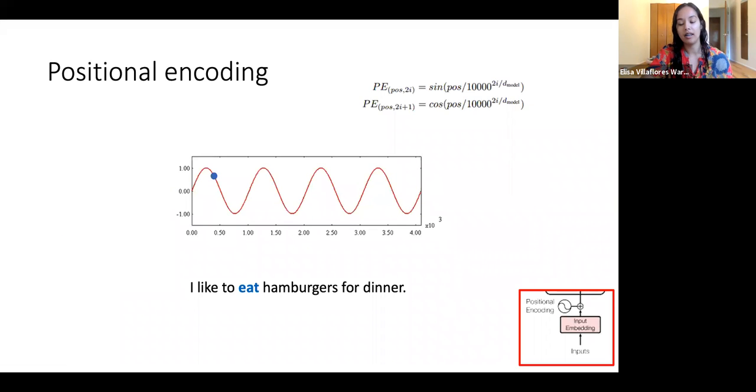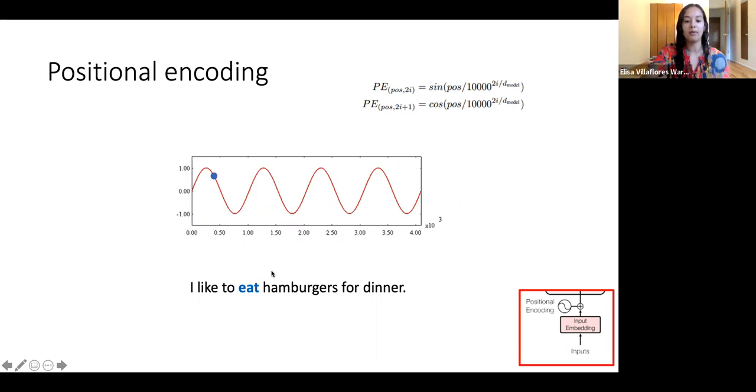And the way that we can think about this is, actually in the paper, they suggest that you can use your own function for positional encoding, but they suggest what they used, and they basically tried two different equations that had to do with sines and cosines.